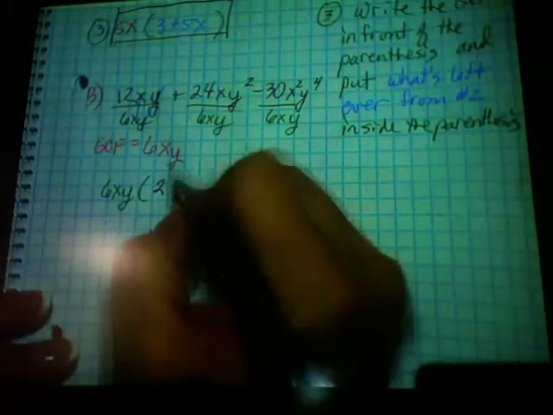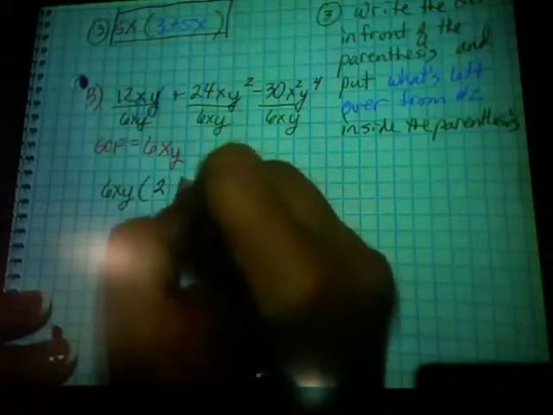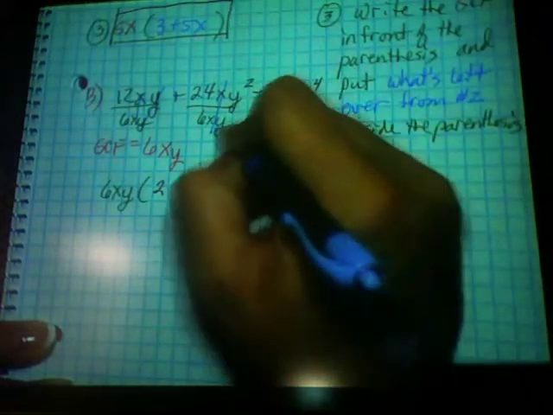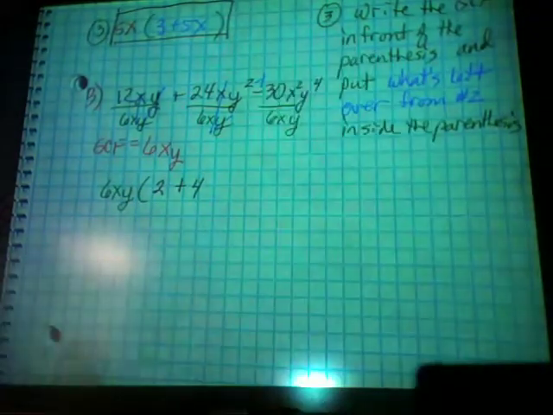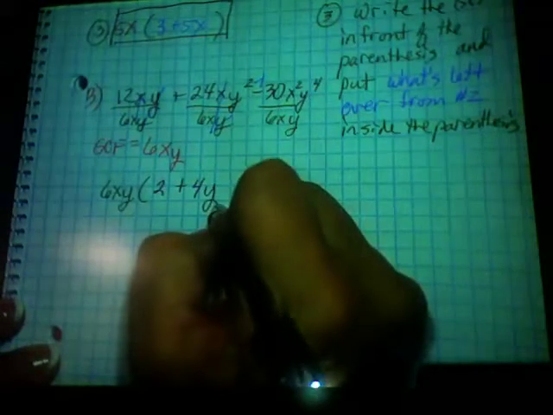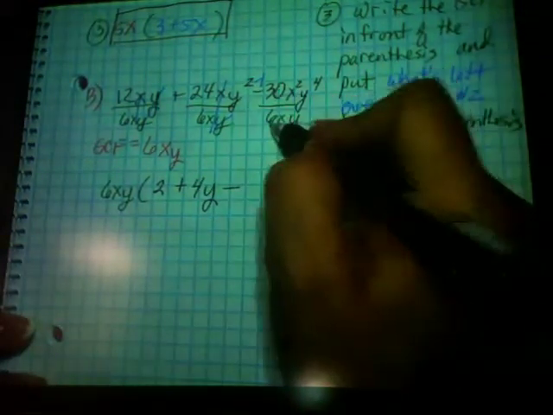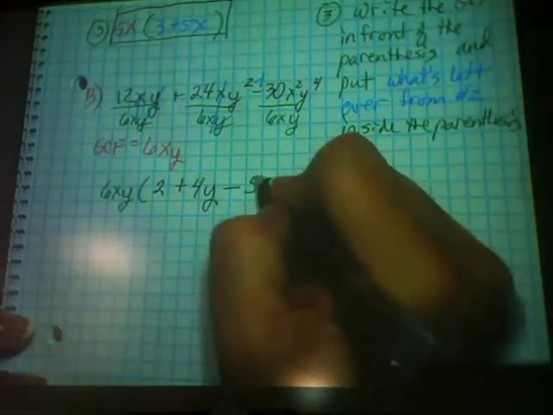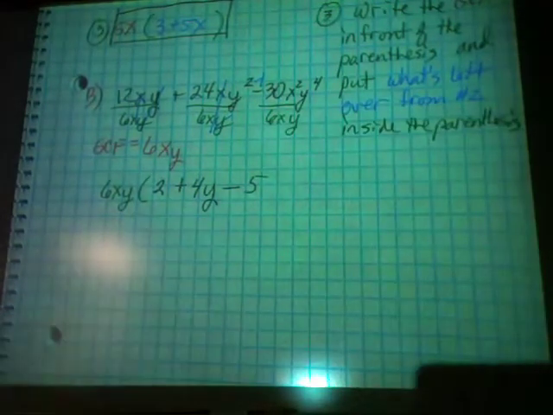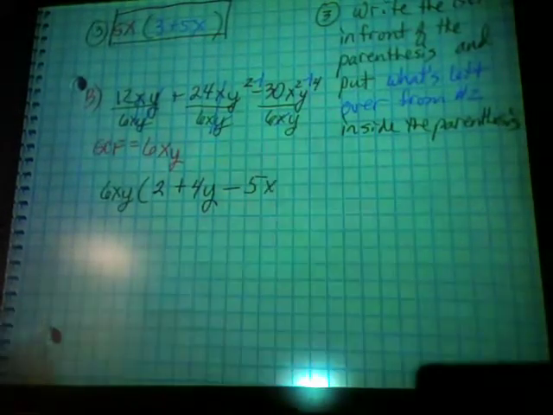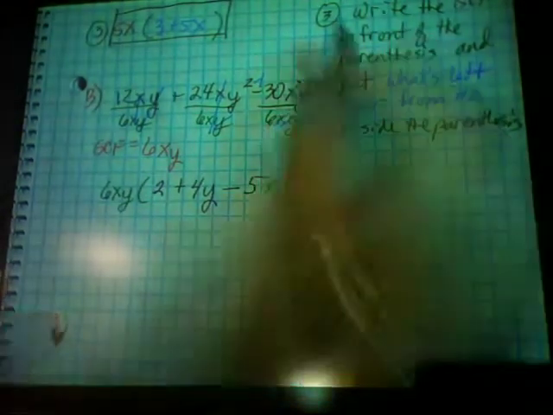And then 24 divided by 6 is what? 4. So I have plus 4. The x's completely cancel. What happens to the y's? This one cancels with one of those, and you're left with just a y. And then minus, what's 30 divided by 6? 5. And then this x cancels with one of those, so I get an x. And this y cancels with one of those, so I get y cubed.